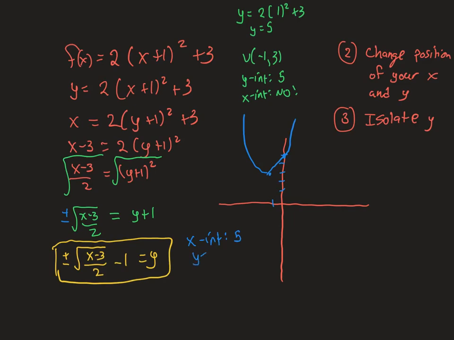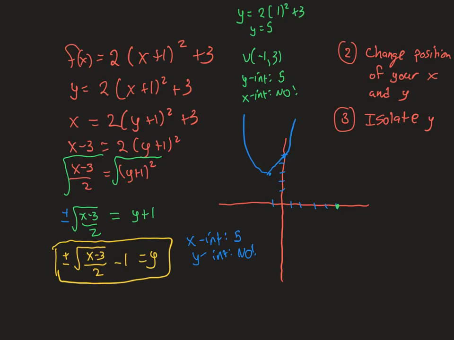And now I don't have a y-intercept. Okay? So knowing this, and this is a square root, so at 5, 1, 2, 3, 4, 5, we use a different color here. Let's go with green. So at 5.